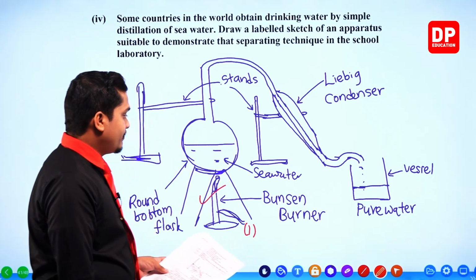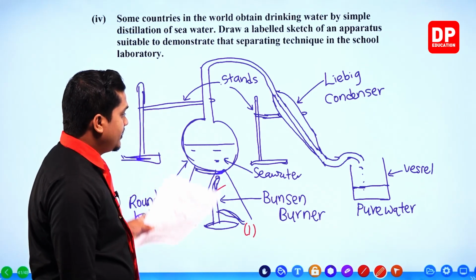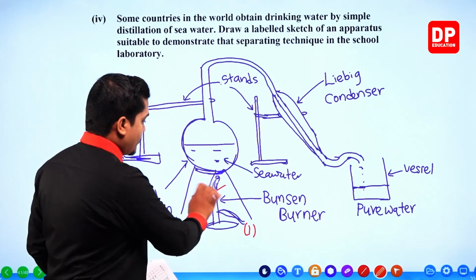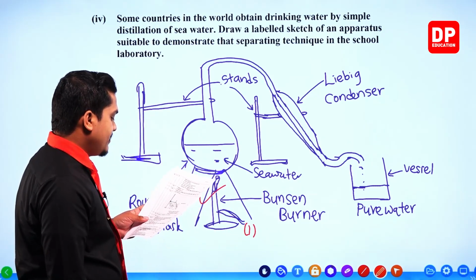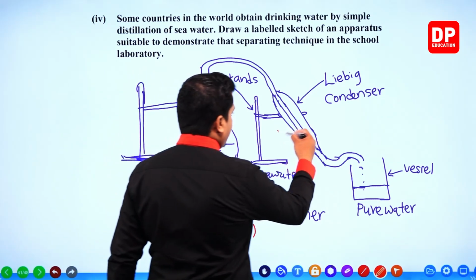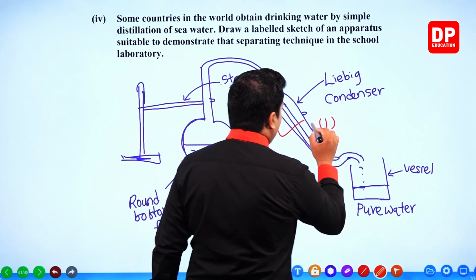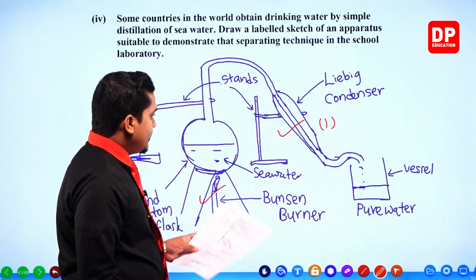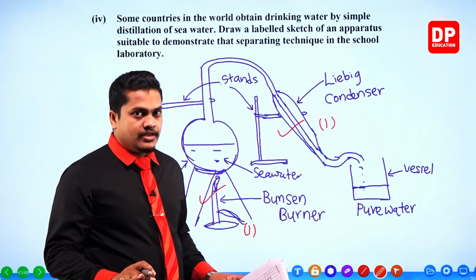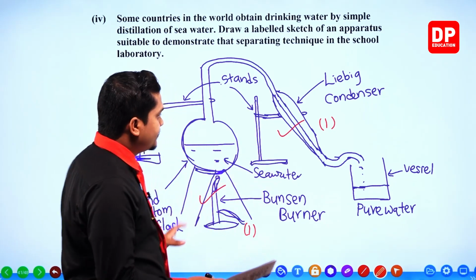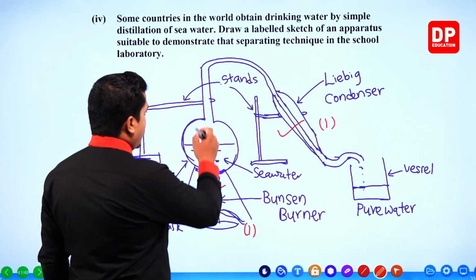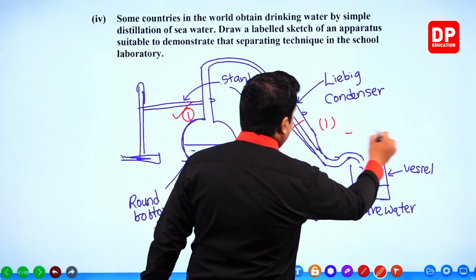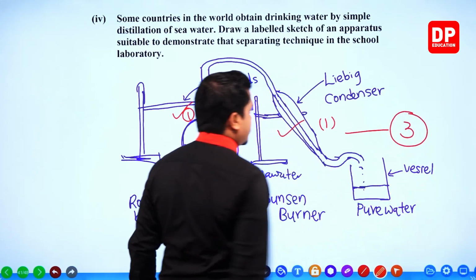If a heating equipment is added like in the figure, then you'll be receiving 1 mark for drawing out this thing and marking it. Then my dear children, for the Liebig condenser, of course, they have given 1 mark. Then at least one marking out of the instruments given in here, right? They have given again 1 mark. So altogether for this diagram there are 3 marks.